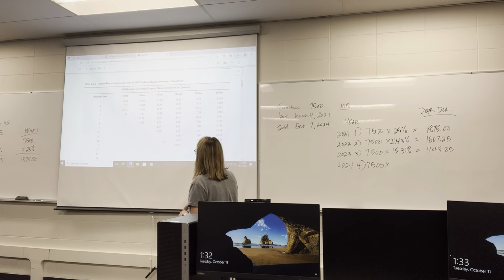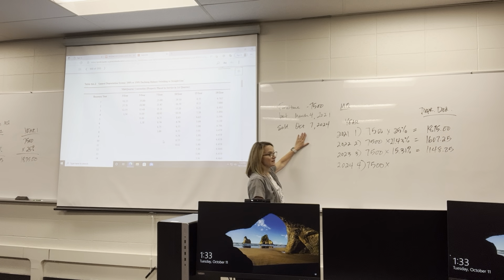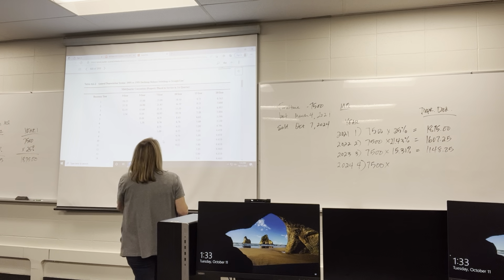We're still gonna use the same table. I think I said we're gonna switch to a different table, but this is when it was placed in service. So it was still placed in service during the 1st quarter, even though we are disposing of it in the 3rd quarter, or 4th quarter, right? So missed it by a few days. So still gonna take 7-year property.